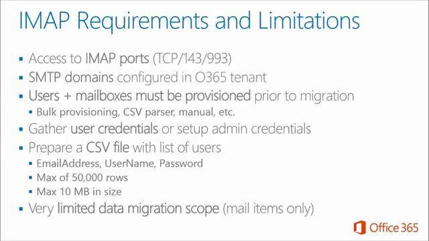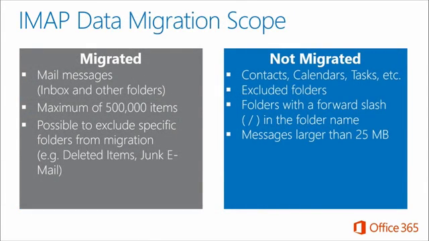The limited data migration scope, and we'll dig into that a little bit here. Mail messages, there's a maximum, and it's possible to exclude some folders from migration. To be quite honest, not migrated are things like contacts, calendars, tasks, excluded folders, messages that are larger than 25 meg.